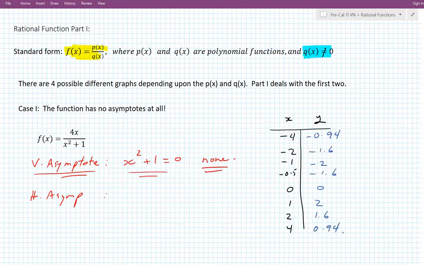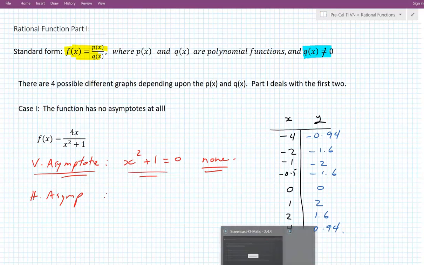So if you create a table of values, I chose x values being -4, -2, -1, -0.5, 0, 1, 2, 4. You can choose whatever you want, as long as they're symmetric based on the origin. So some values to the left, some values to the right of the origin, and then plug them back into the equation first, and then you get the coordinates, and then you have to go graph.